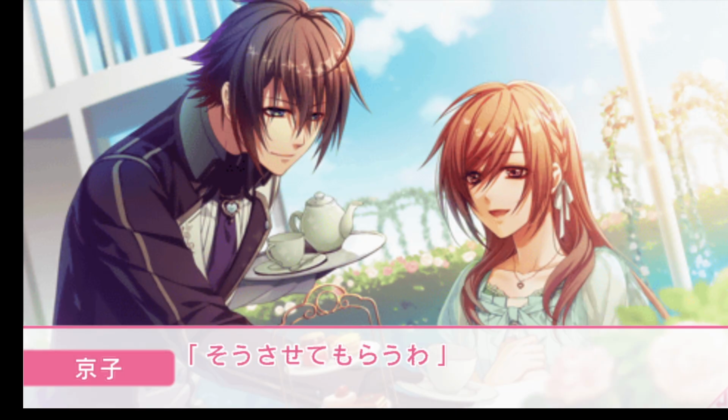Morau is to receive. And if you want a more formal one, itadaku, which is like accepting this gratefully. Here itadaku belongs to reducing yourself. It makes sense, receiving it, right?